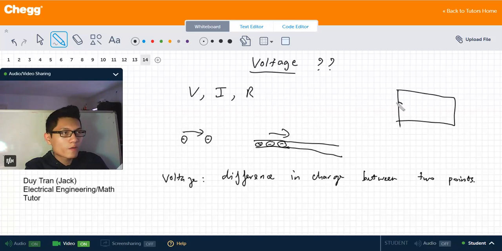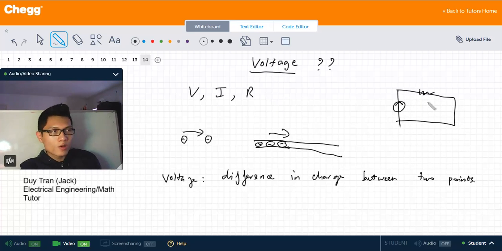So we can have some current source here and some resistor or capacitor. But basically, the general idea is that the circuit is a closed loop in which the electron can move from one point to another point, and the difference in the charge between the two points represents the voltage.